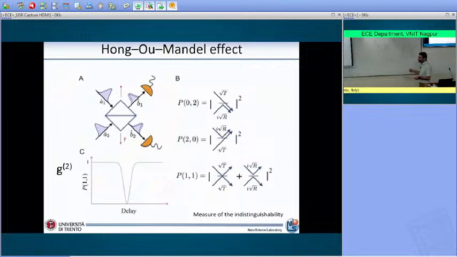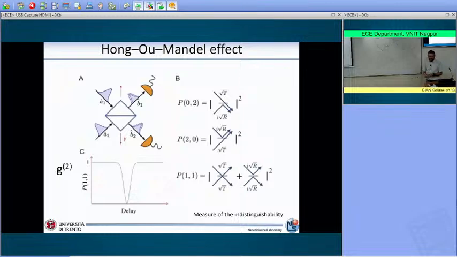And when I square it, because the probability is the square, I get -1. And therefore, because of this -1, the probability of having both photons transmitted and the probability of having both photons reflected add up to 0.